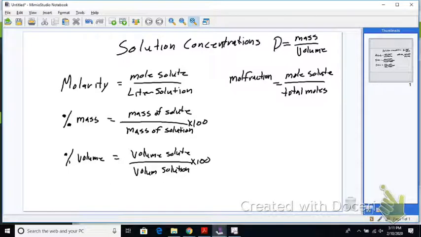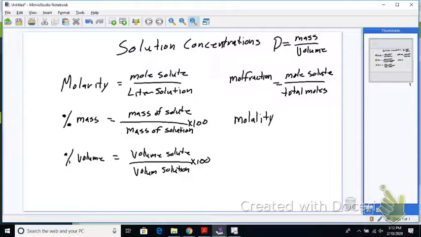The other ones, percent volume and mass, deal with liters and mass, and molarity is moles. Mole fraction is both of them moles when you're comparing a sample. I think we did a little bit of that. It's not times 100. The last one is molality, kind of like molarity.